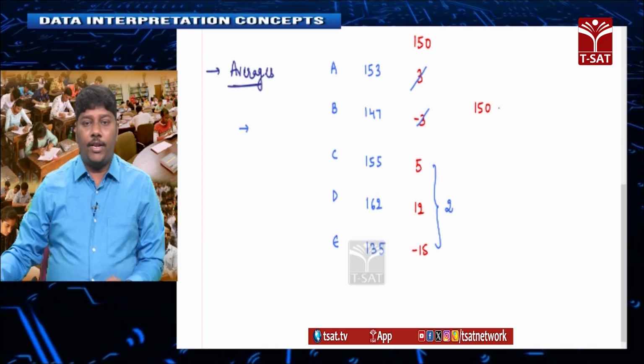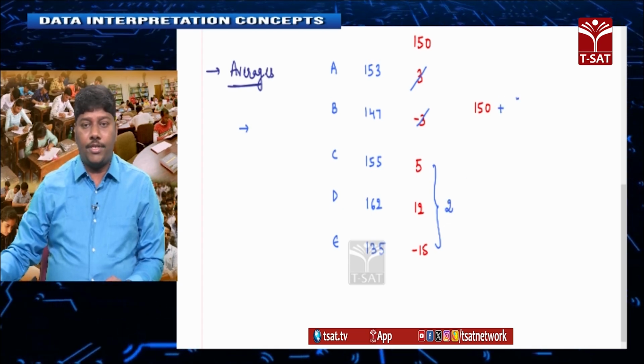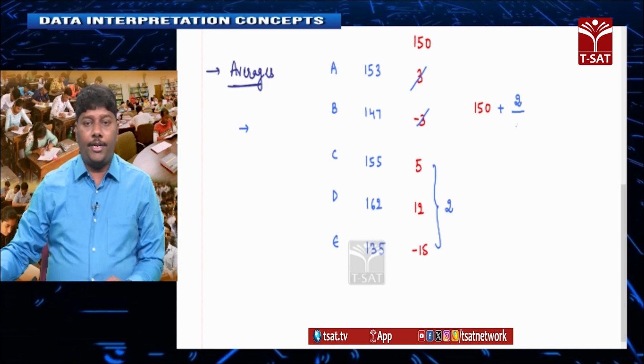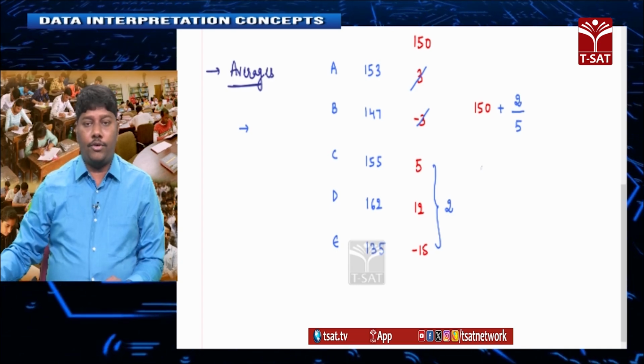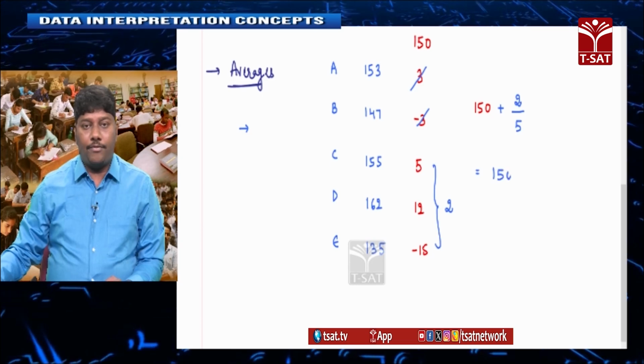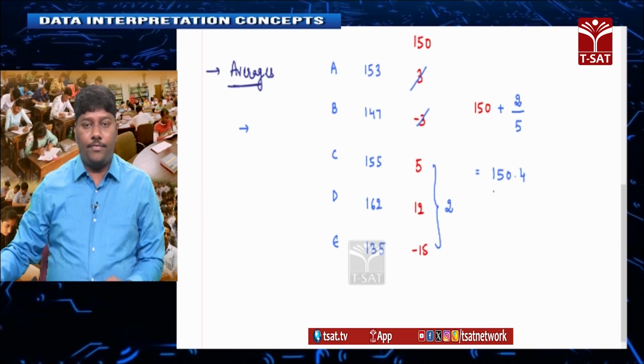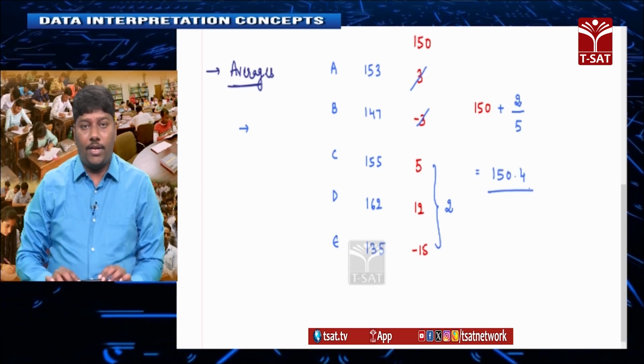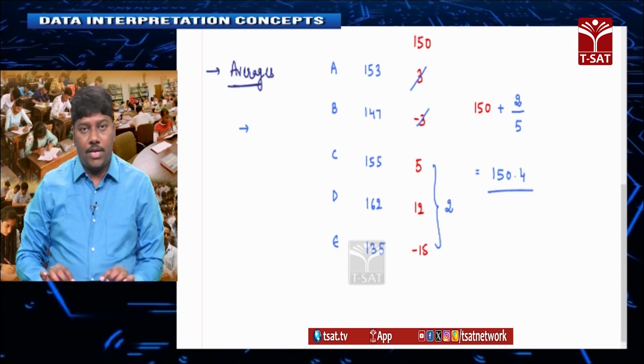This deviation will affect all 5 observations. Therefore you divide the 2 by all 5 observations. We know 2 by 5 gives 0.4. So the average of all 5 observations is 150.4.